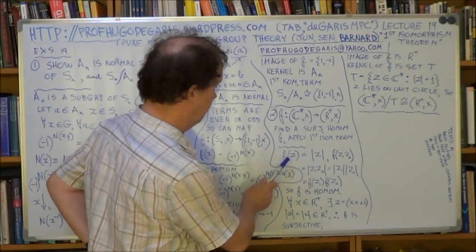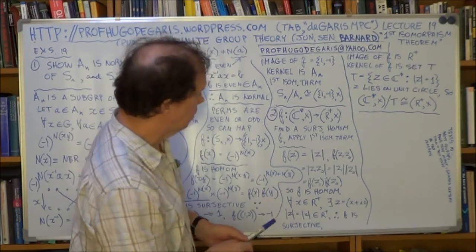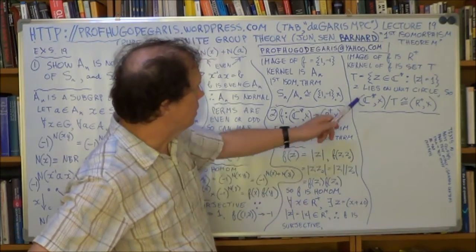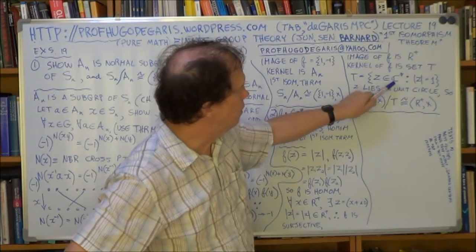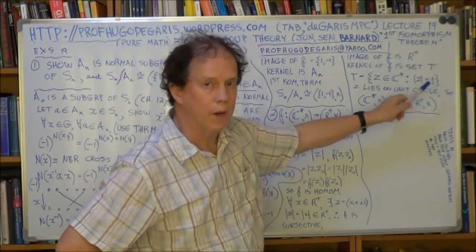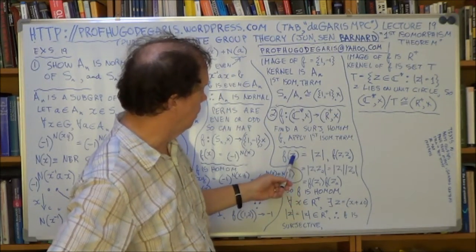So in this case, f of z has to be equal to 1. So the z's have to have a special property. It's the set of all z that belong to the non-zero complex numbers, but the mod of z has to be 1, right, for this z to belong to the kernel.